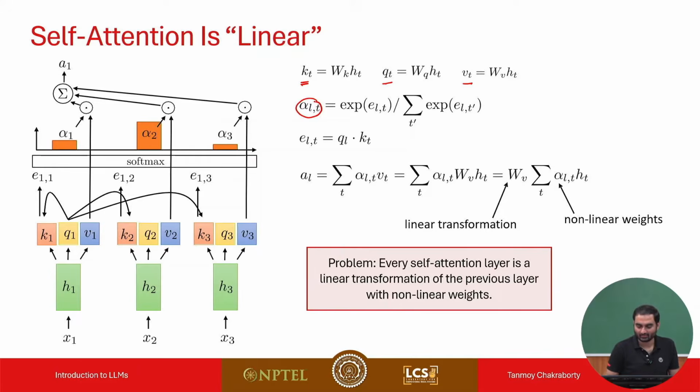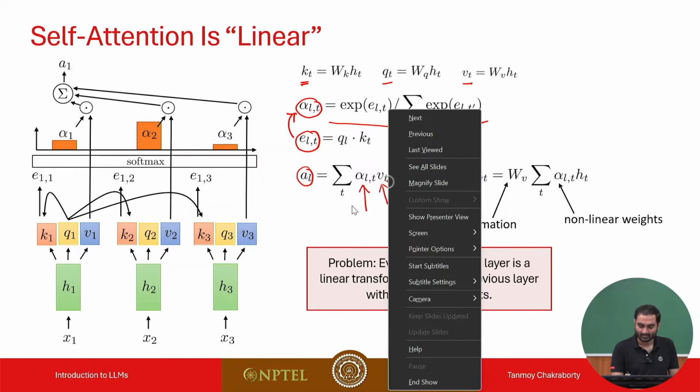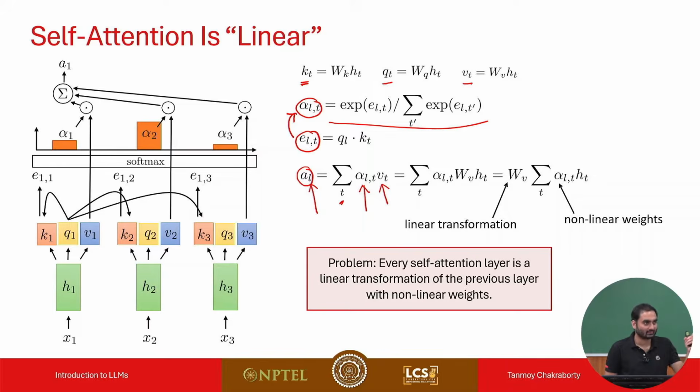What is alpha_lt? e_lt is the similarity dot product, and alpha_lt is computed after this, which is the softmax output. The attention vector is the probability, the weight, times the corresponding value: alpha_lt times V_t. T indicates the keys, and l indicates the query, across all these positions. So t ranges from 1 to T.